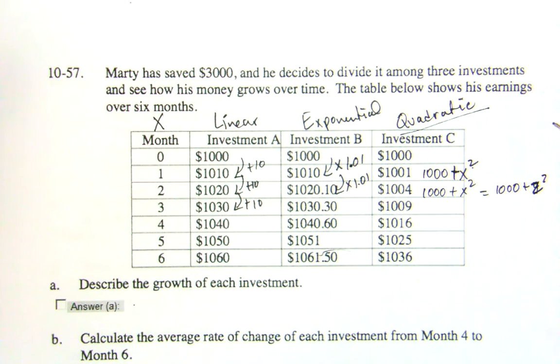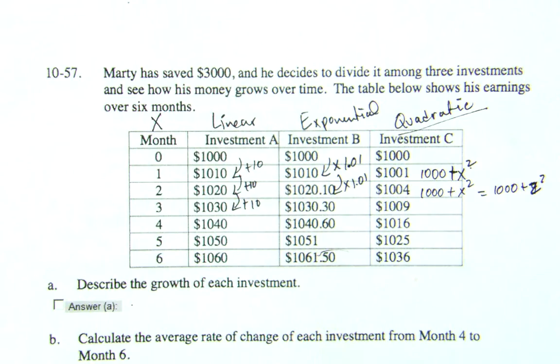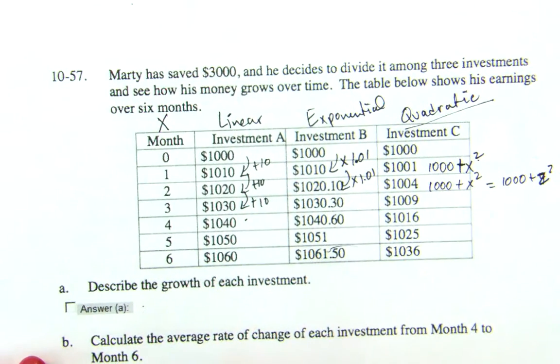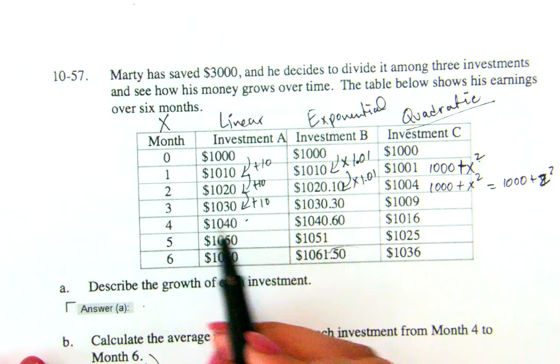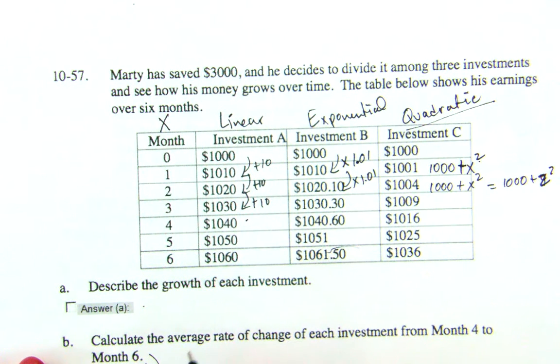Okay, next one. Calculate the average rate of change of each investment from month 4 to month 6. So this was how much did we grow and how much time has passed. So for investment A, we grew by 20, or 1060 minus 1040, so we had a growth of $20.